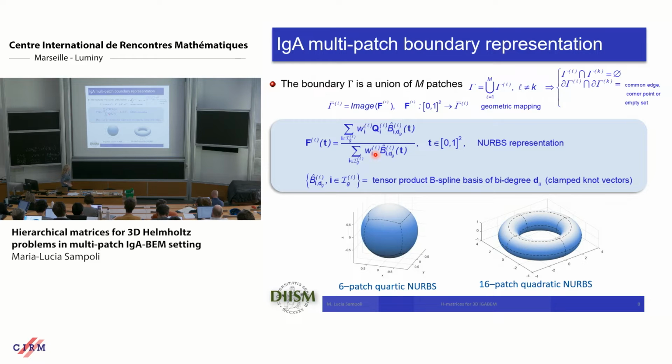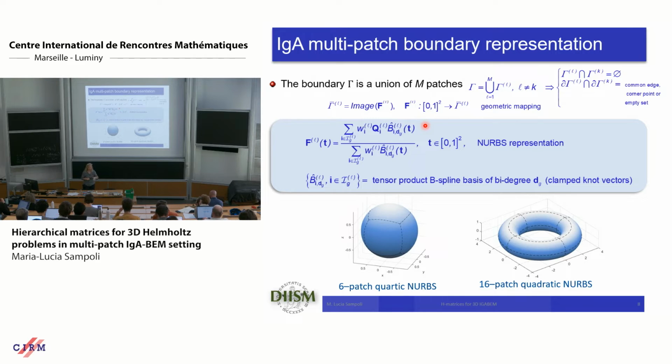And these are tensor product patches, so this is another big difference between finite elements and the beginning of isogeometric analysis, because at the beginning it was just thought of as a tensor product topology, even if now the research, I don't know if Hendrik is speaking a little bit, is to plug into this setting also splines defined over triangulations.